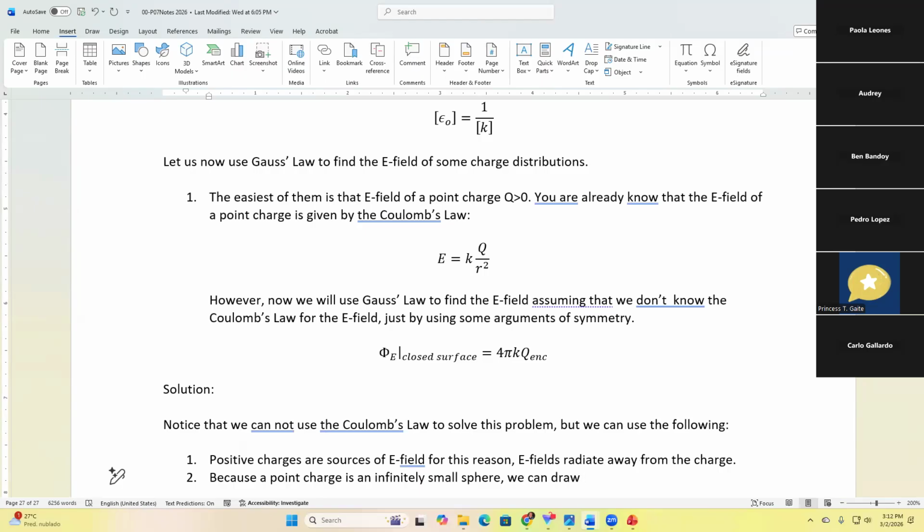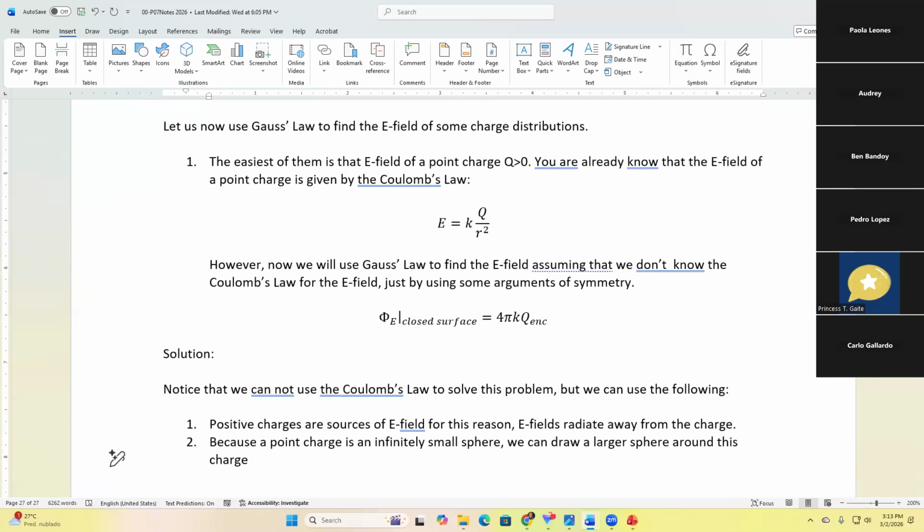We can draw a larger sphere around this charge, centered on the charge, a larger sphere of radius r, centered at this charge, and adopted as our symmetric closed surface.